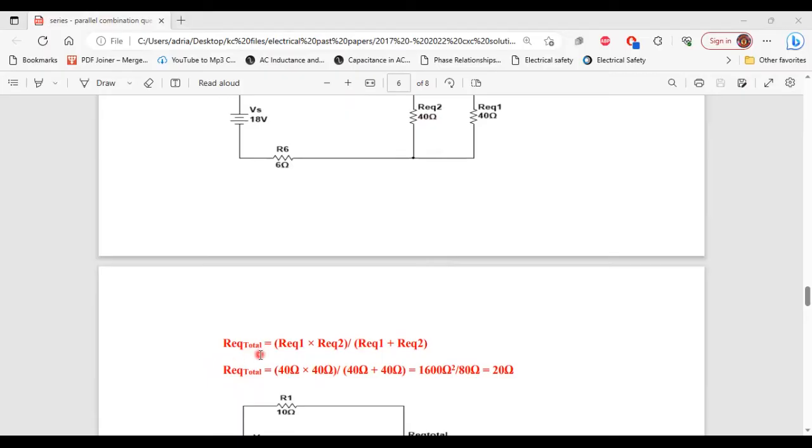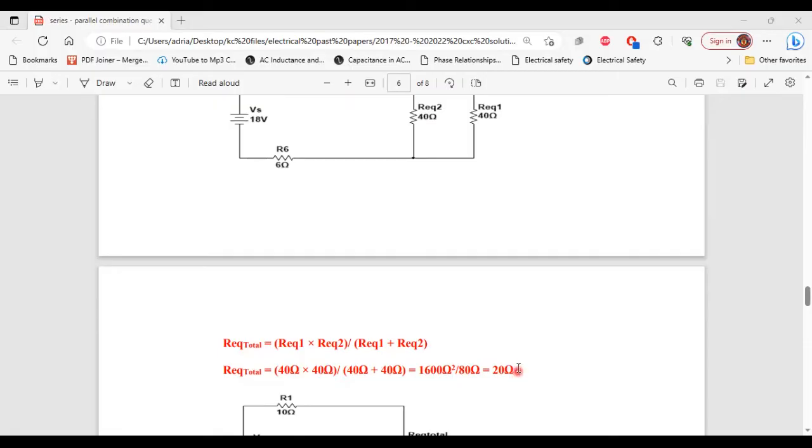So REQ total is equal to REQ1 multiplied by REQ2 divided by REQ1 plus REQ2. So that will give us 40 ohm multiplied by 40 ohm divided by 40 ohm plus 40 ohm. That will equal 1,600 ohm square divided by 80 ohm, and that will give us 20 ohm.